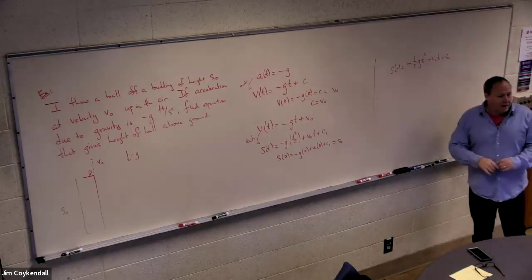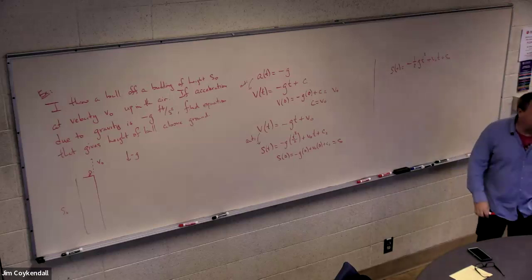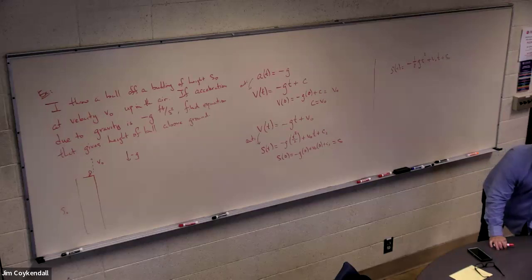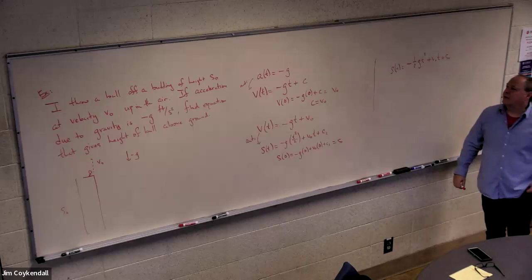And so you all know the folklore, what is the acceleration due to gravity on Earth? How many feet per second squared? Yeah, right. That's correct. That's in the metric system.